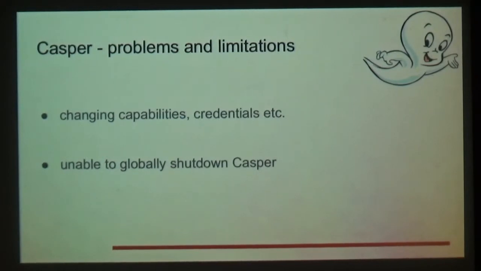Another problem is that we cannot disable Casper globally in the system anymore. Previously, if some program started to use Casper and it still didn't work, the administrator could choose to disable Casper globally in the system and still work with this program without the sandbox. Now we need to rebuild the program.